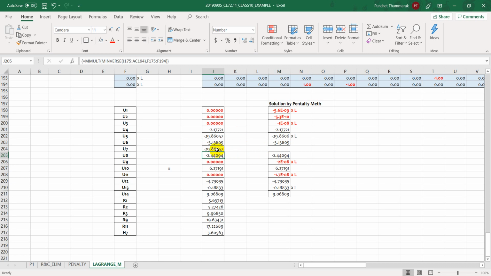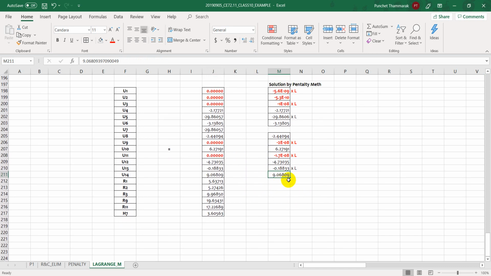Yeah, because you can see 7 and 5 are identical. That's what the condition said. Other things are identical, exactly the same for all, right? So this is good. Okay, we are relieved now.